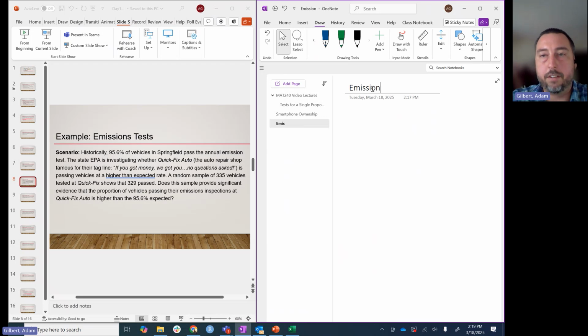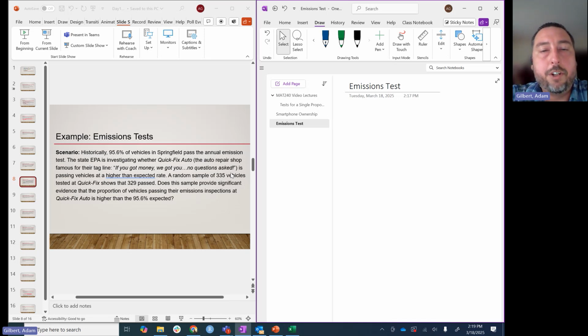All right, so let's see if we can run through this emissions test example. We'll do this one a little bit more quickly. So historically, 95.6% of vehicles in Springfield pass the annual emissions test. The state EPA is investigating whether Quick Fix Auto, the auto repair shop, famous for their tagline, "If you got money, we got you, no questions asked." Certainly a very reputable shop.